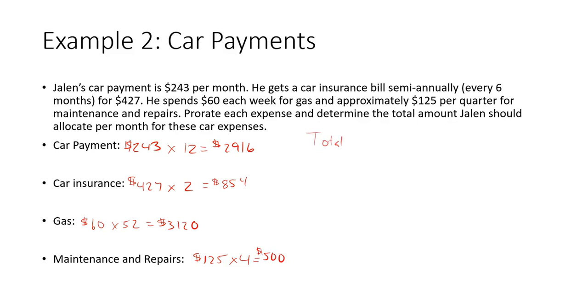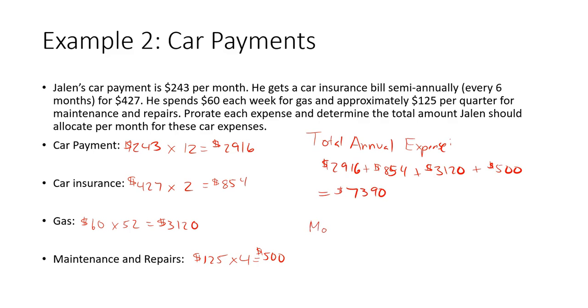If we add up all of his expenses for the year, his total annual expense is just the sum, 2,916 plus 854 plus 3,120 plus $500 for a total expense per year of $7,390.